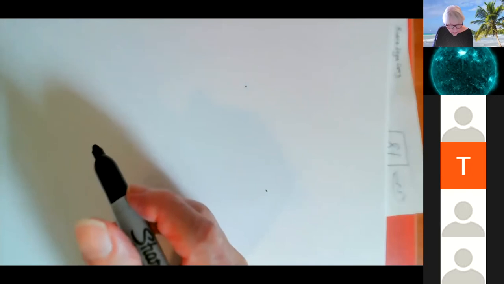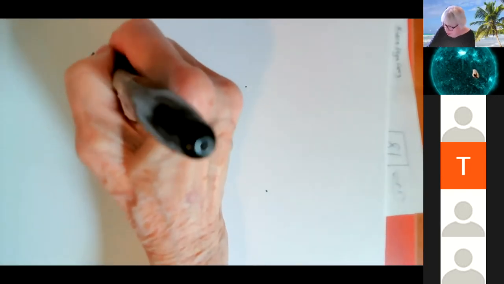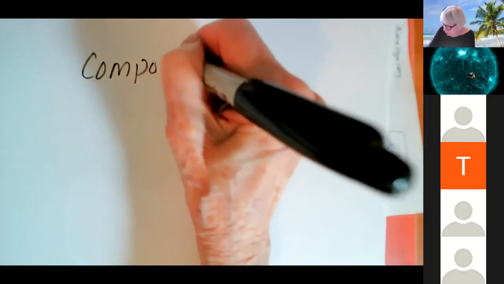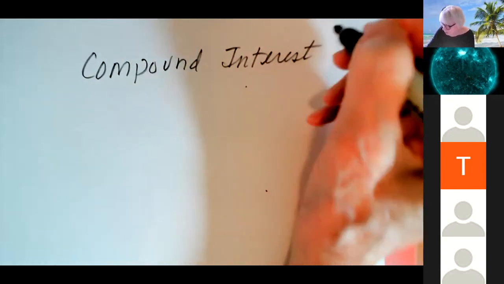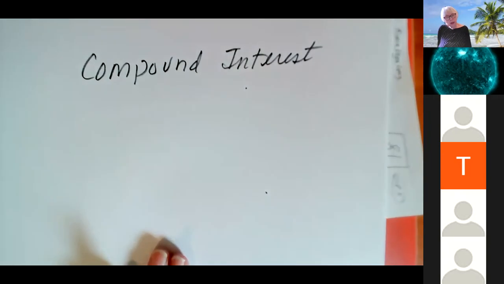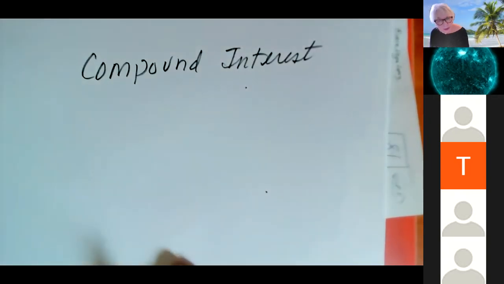Now, I know it's almost time to call it, but I wanted to show you there is a different kind of interest, which is compound. And I don't normally test it, but most things are based on compound interest.